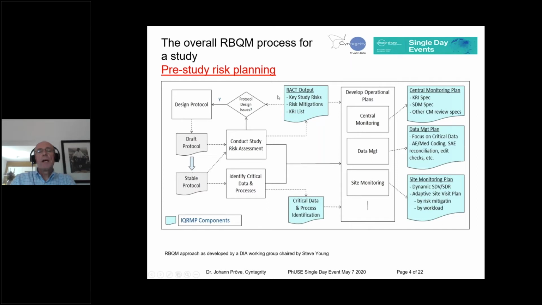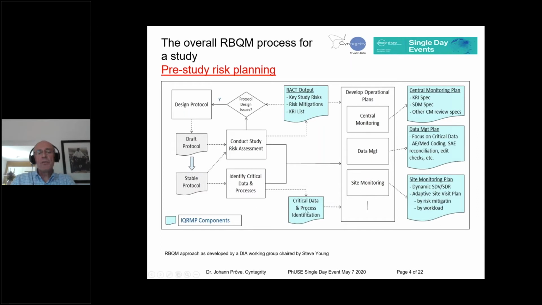Eventually, the risk assessment, the risk planning should result in risk assessment and categorization, based on study risks, on the risk mitigations, and eventually on a key risk indicator list.